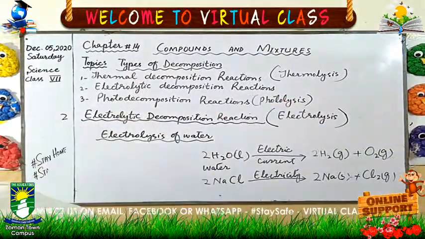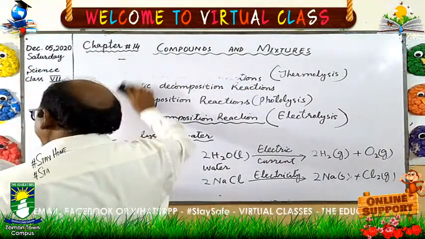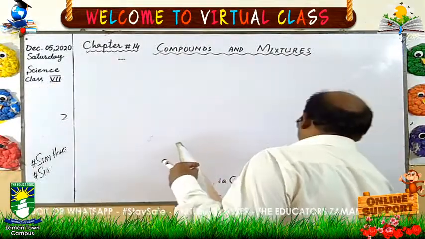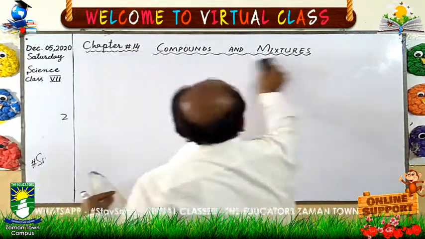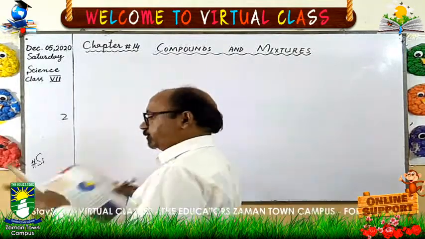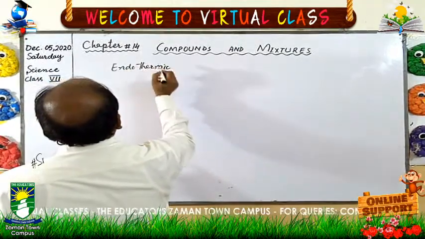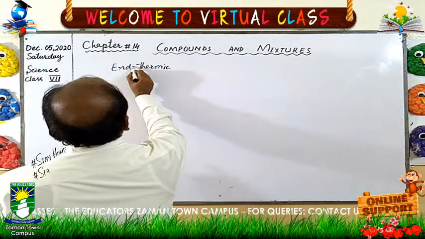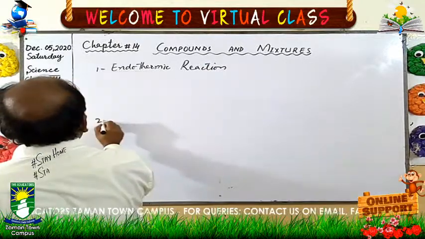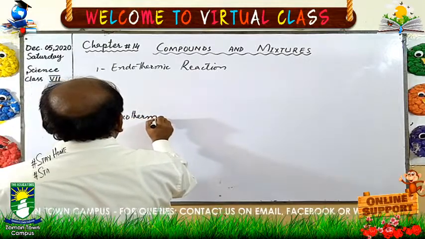Now I am going to explain these two categories, called endothermic reaction number 1 and exothermic reaction number 2.